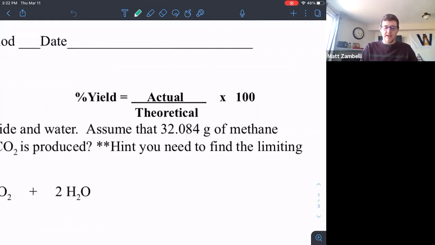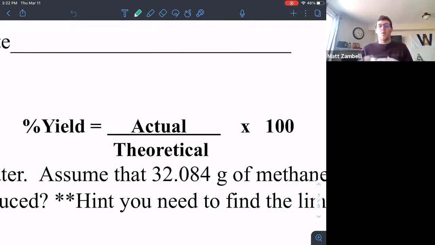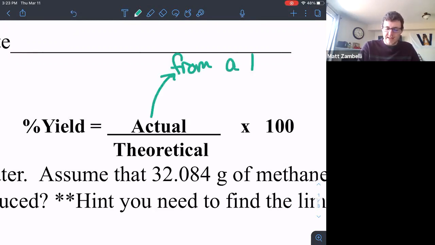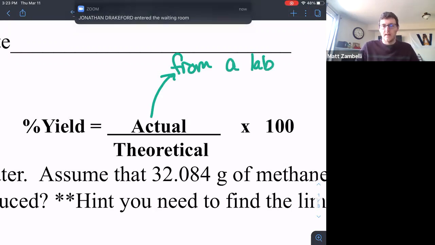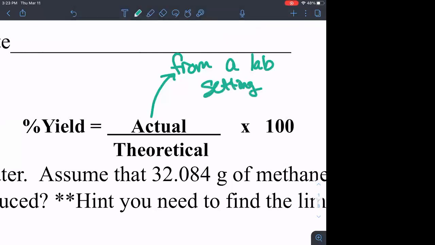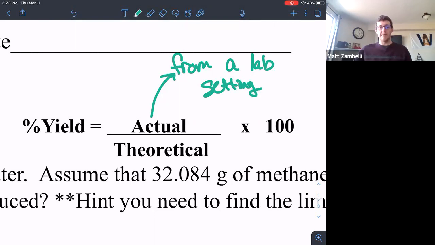Looking at this equation, our actual yield is from a lab setting of some sort. Somebody did the lab, they massed out their final product, and this is how much they have. That's our actual yield.